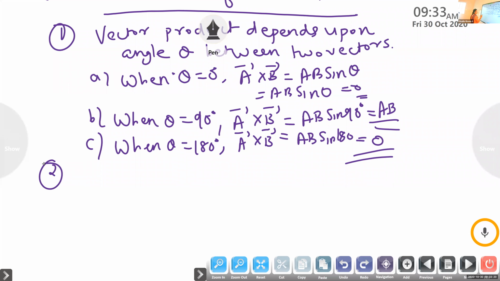Second one, cross product does not obey the commutative law. Dot product obeys it, but this does not.